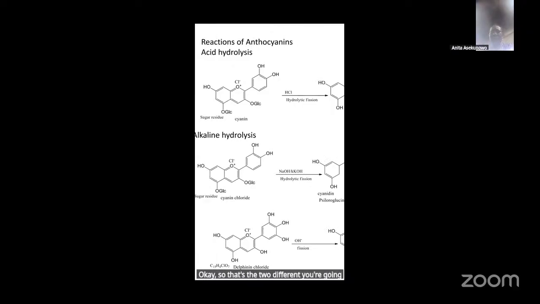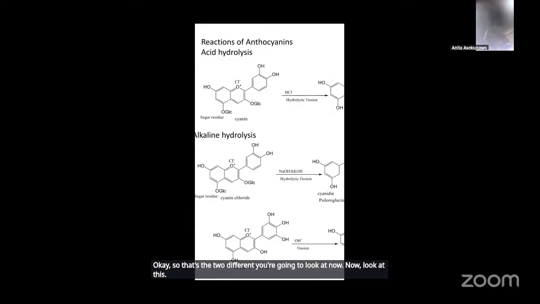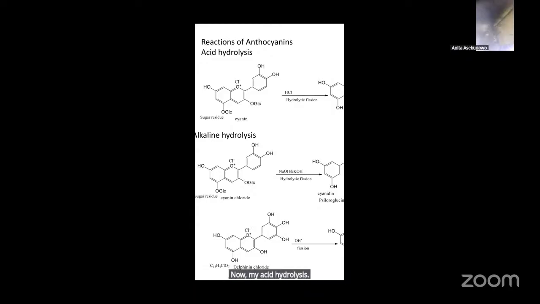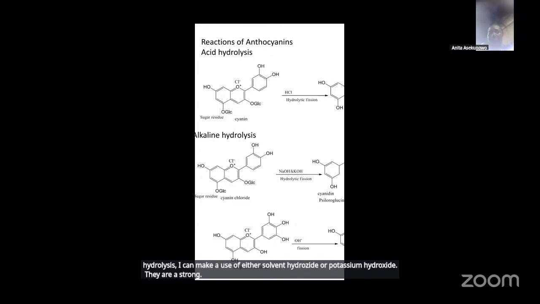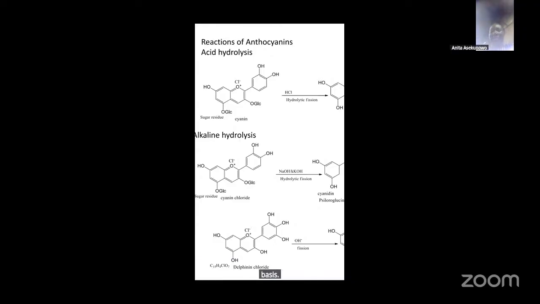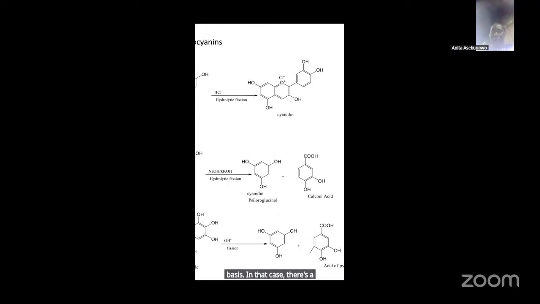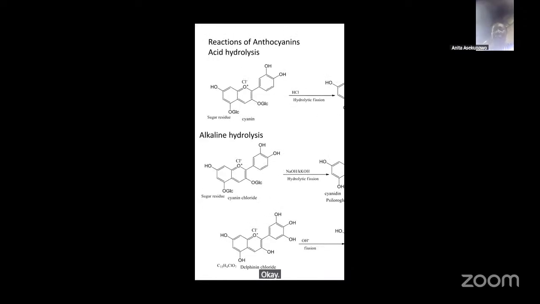In acid hydrolysis, I make use of HCl. In alkaline hydrolysis, I can make use of either sodium hydroxide or potassium hydroxide. They are strong bases. In that case, there's a cleavage of these two bonds. So how is it cleaved? Ring C is the point where the cleavage is going to occur.